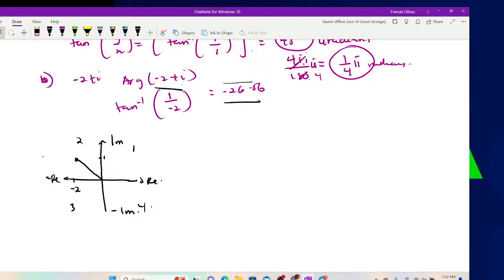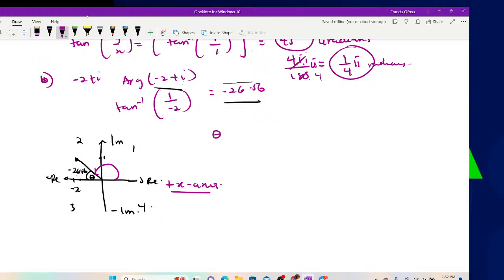So when the complex number is here, you realize that the angle theta is making with what? This axis. And that is what we call negative 26.56. But from the definition of argument, the argument theta is the angle a complex number makes with the positive x-axis. Take note, positive x-axis, not any other axis. Meaning that you are going to take the argument from this side until it touches the complex number here. So if here is negative 26.56, what will this whole bigger angle be?